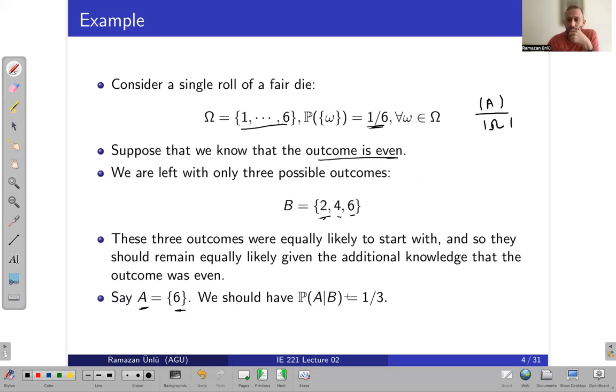So in this case, the probability of A given B will be 1/3, because the size of omega now is 3. We don't need to consider the other outcomes 1, 3, and 5, because these are not possible based on the given information.